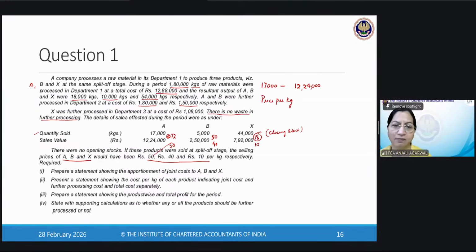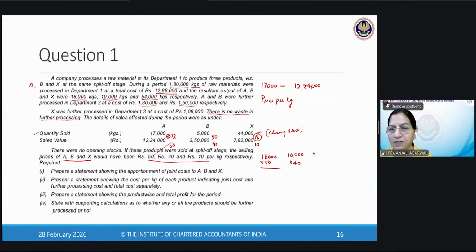split off point, market value at split off point. That could have definitely been used here. So in that way, it would have been 18,000 into 50 and 10,000 into 40. And finally, how much?